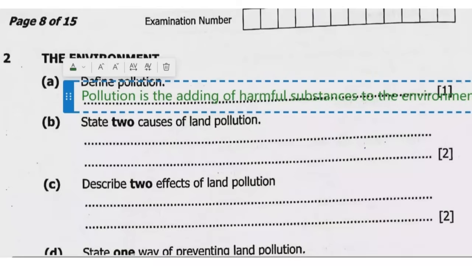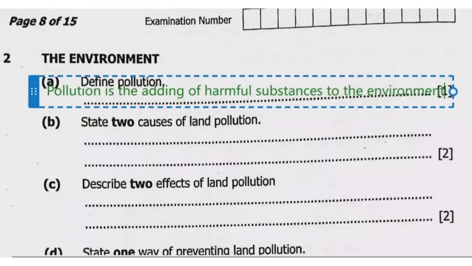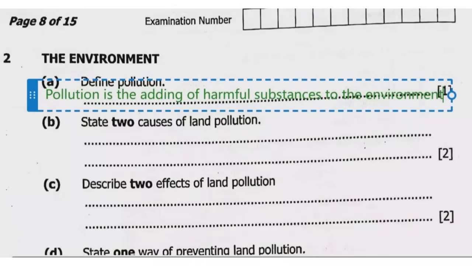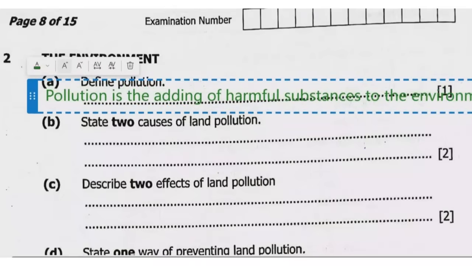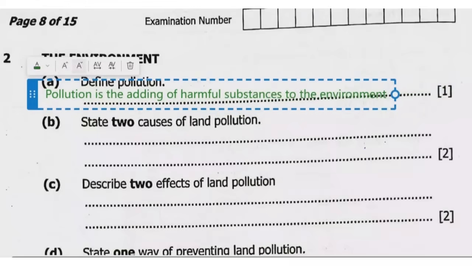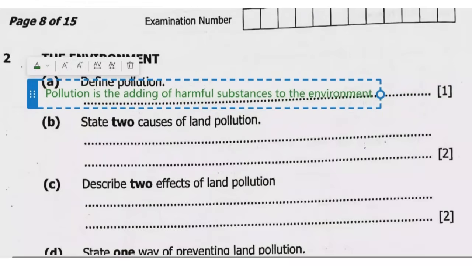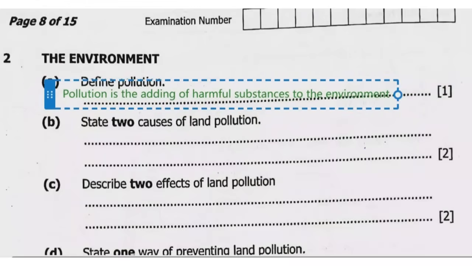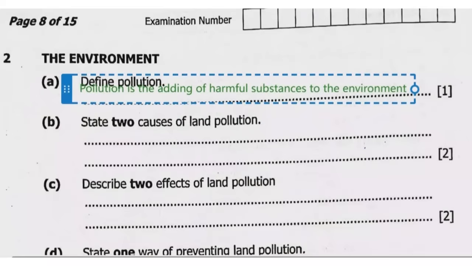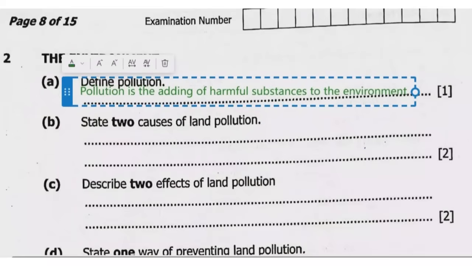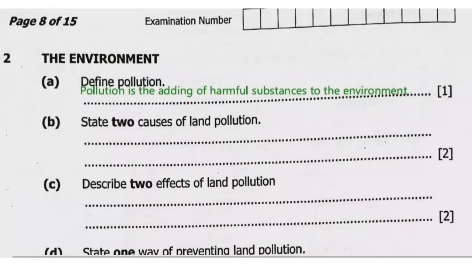Okay, that is pollution, the adding of harmful substances to the environment. I hope it is very clear. Okay, pollution is the adding of harmful substances to the environment. That is pollution.